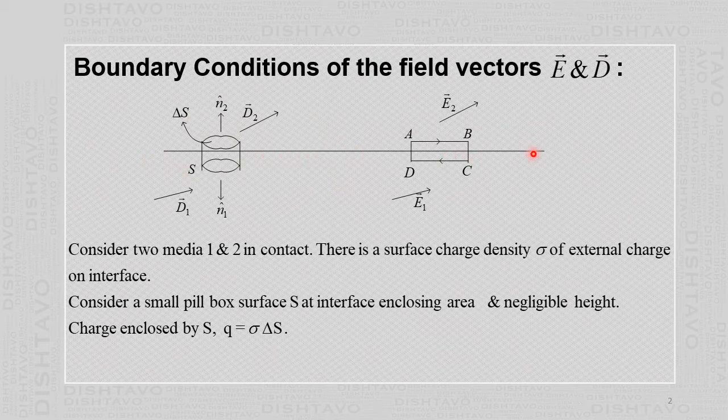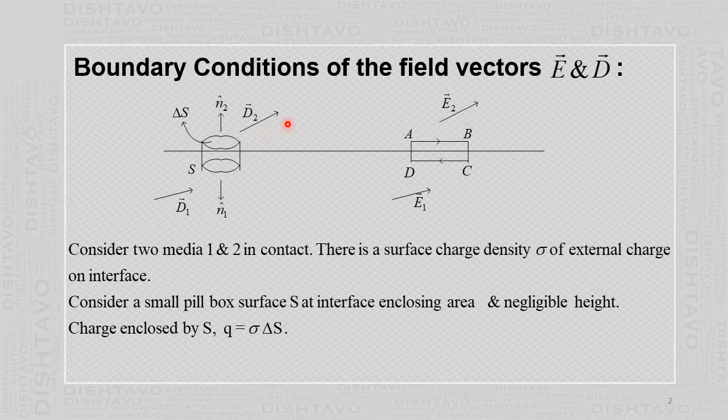This line is the interface between dielectric 1 and dielectric 2, and the values of the electric field and displacement vectors are different in the two dielectrics. The value of the electric field is E1 in dielectric 1 and the displacement vector is D1. In dielectric 2, the electric field vector is E2 and the displacement vector is D2.